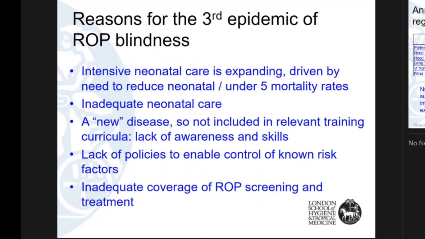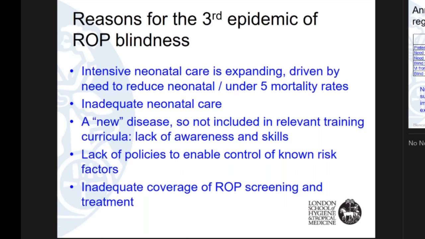So as outlined already, this next wave of blindness from RoP, or tsunami, I should say, is happening because of the expansion of neonatal intensive care, which governments are doing to try and drive down under 5 mortality rates.